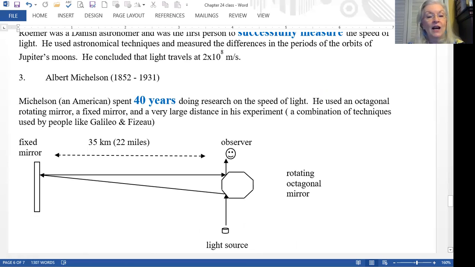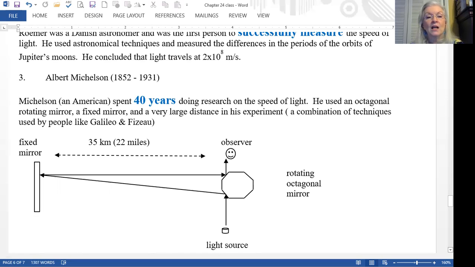He looked at Galileo with the big distances, but then there was a French researcher named Fizeau who used a toothed wheel, which made the light flash as it would spin, because the light could only penetrate where the openings were in his toothed wheel. And by knowing how fast the wheel would spin, he could figure out the speed of light.